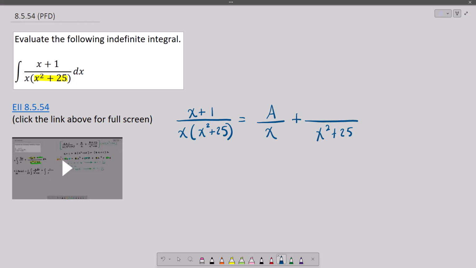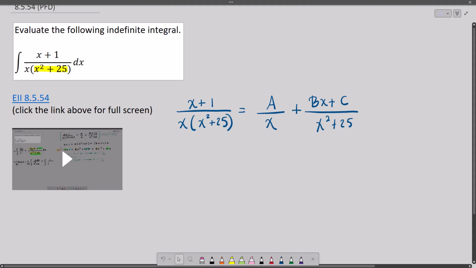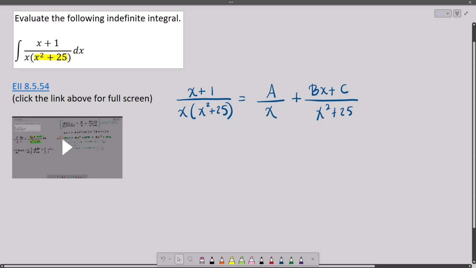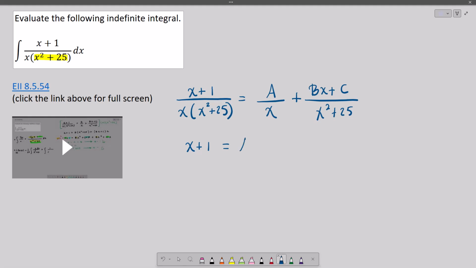And in the numerator for an irreducible quadratic, you need a linear. So we want the numerator to be the most general numerator possible that keeps this as a proper fraction. So if the denominator is a quadratic, we want the numerator to be a linear. And then we multiply both sides by the left's denominator.